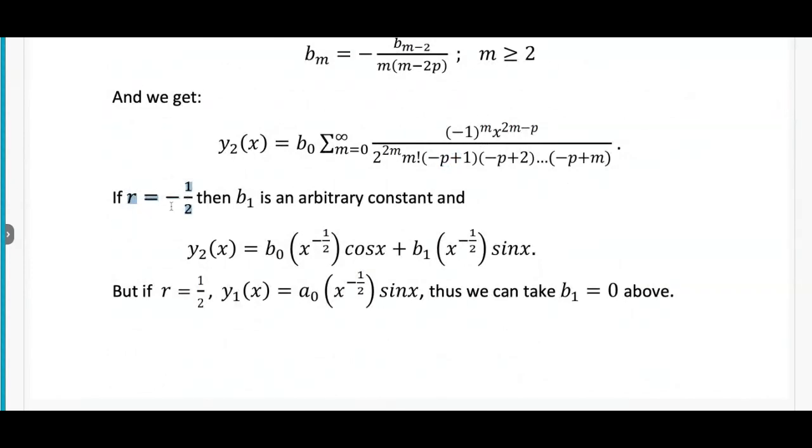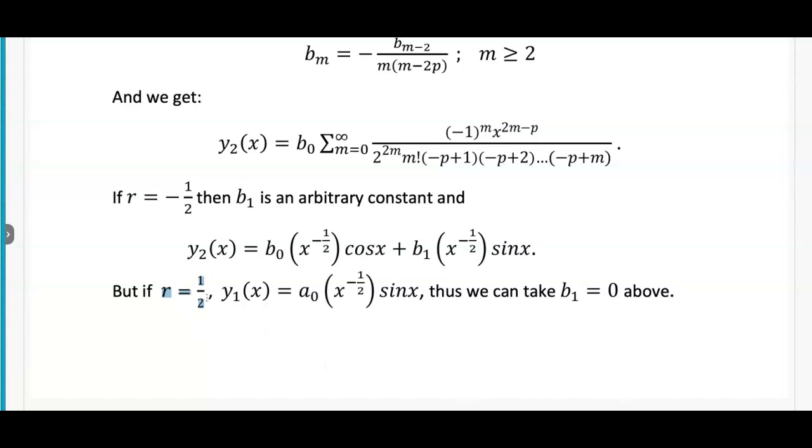So if r is negative half, then b1 is some number. And the second solution regarding r equals negative p, we have something like this, x raised by negative half cosine x plus b1 x raised by negative half sine x. According to our previous knowledge we have done previously.